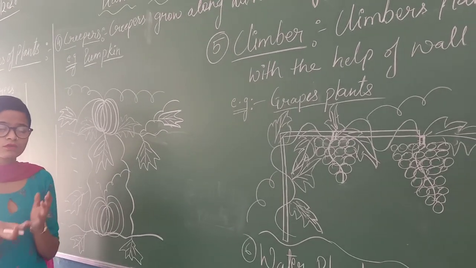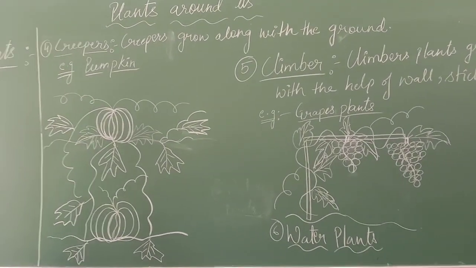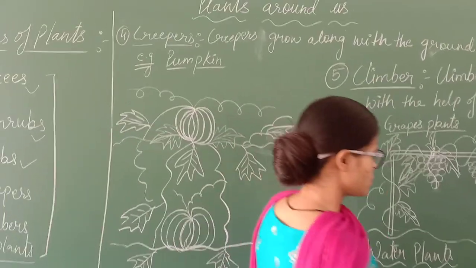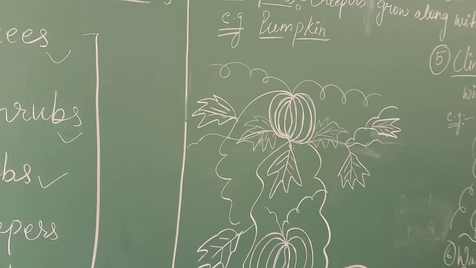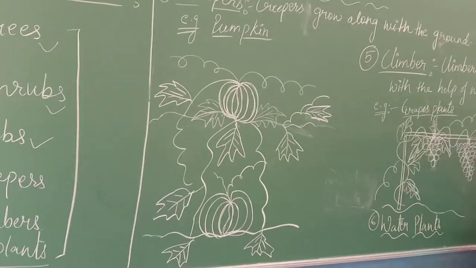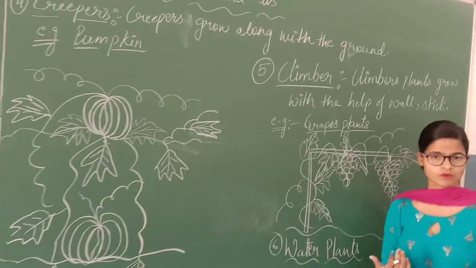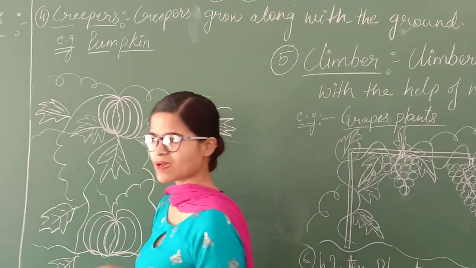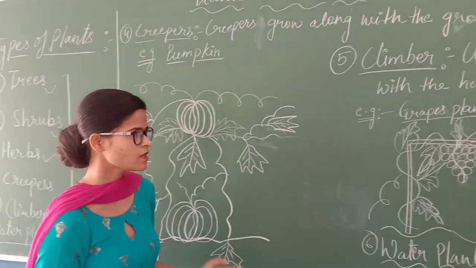Water means those plants which grow underwater. Okay. Now there are many plants which grow underwater. Okay. For example, lotus plant, lily plant, okay, and algae. Now you will ask me, ma'am, what is algae? Algae जो है पानी के अंदर होती है, which are green in color. Okay, you must have seen it.